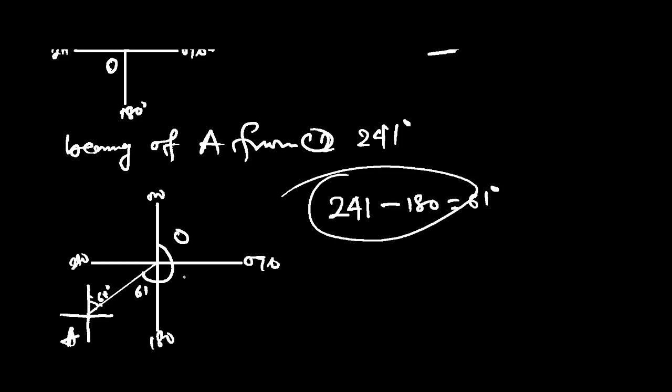Okay, since you understand what we call back bearing, I think we are now qualified to start looking at questions. So let's look at the first question. What does the first question state?